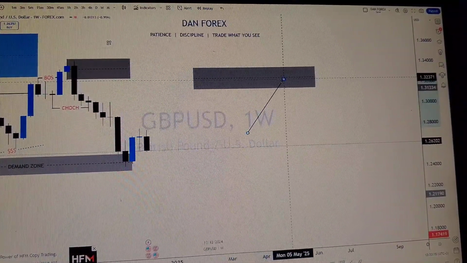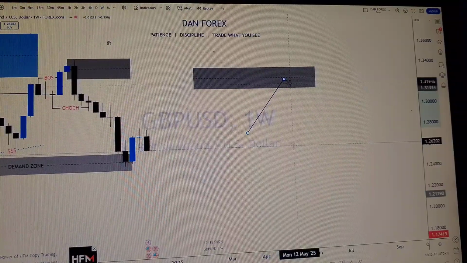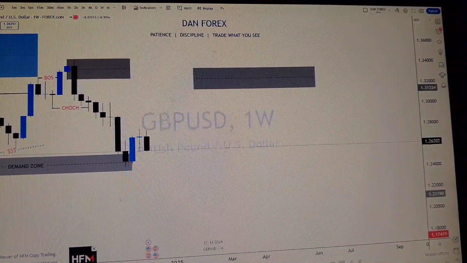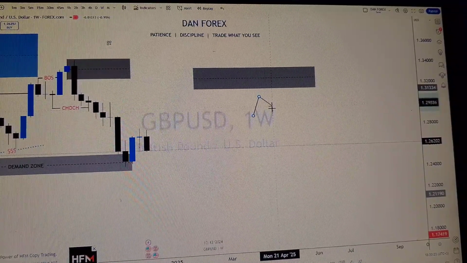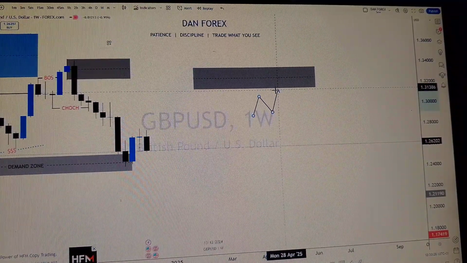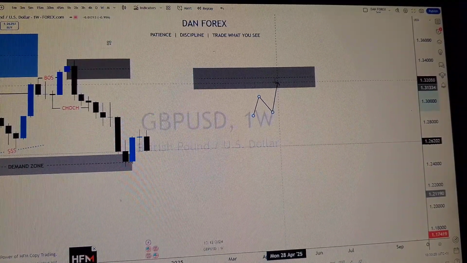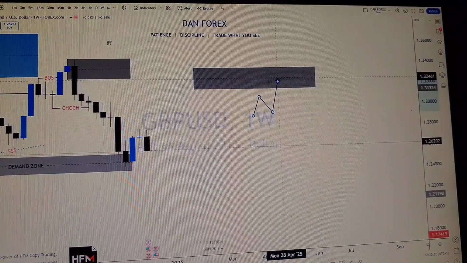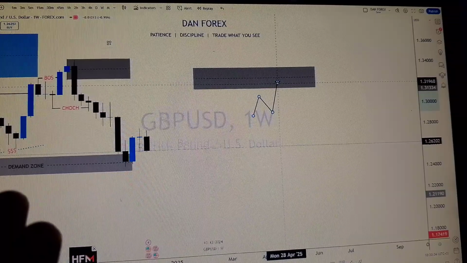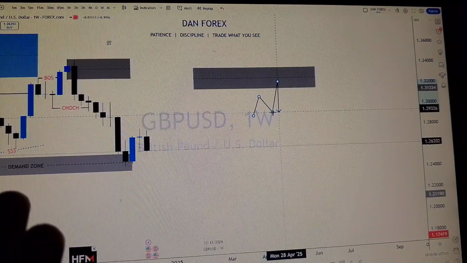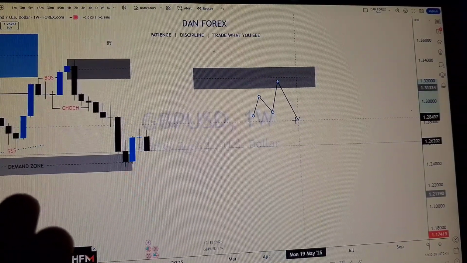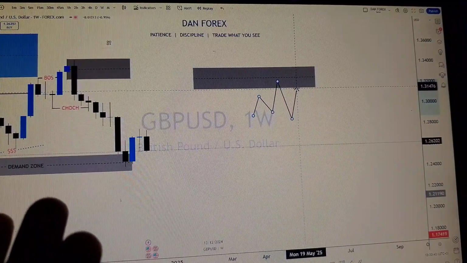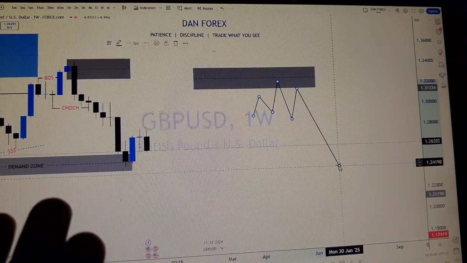So market tapping to that supply zone, market giving you this breakout structure before tapping to your zone like that. It broke this here. Then after tapping to your zone, what do you need to see? You need to see that low that caused that breakout structure being taken out like that. Market taps to an area of supply zone again, and we go down.